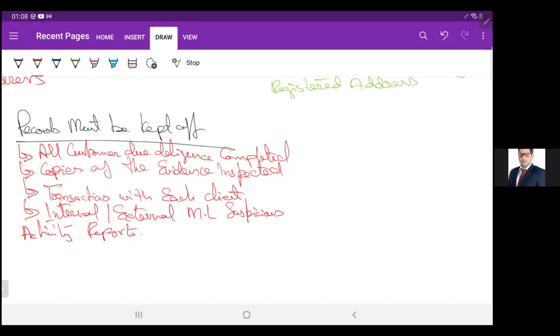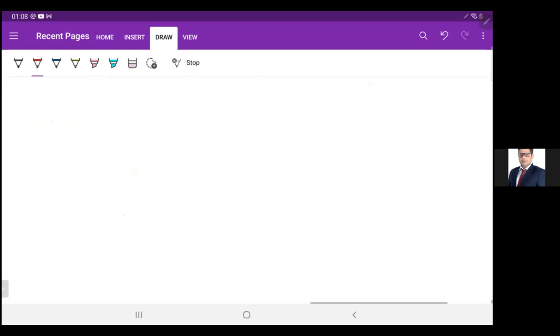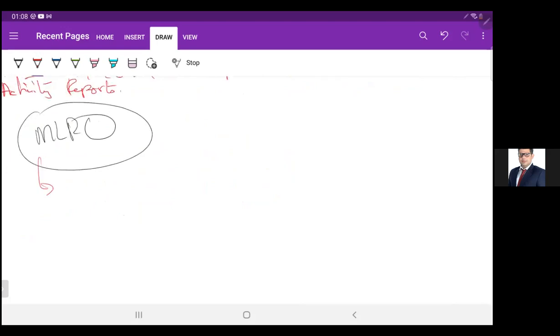Now, you might be wondering who is the MLRO. Who is the MLRO? An individual of suitable seniority.